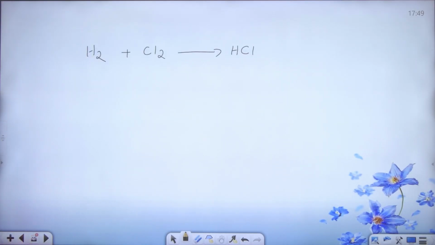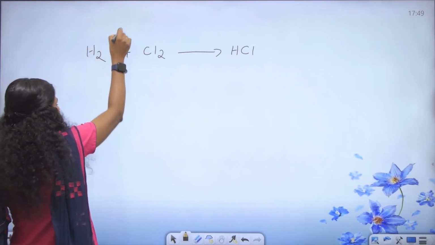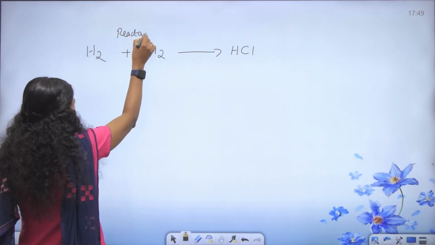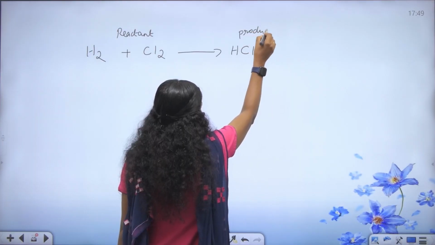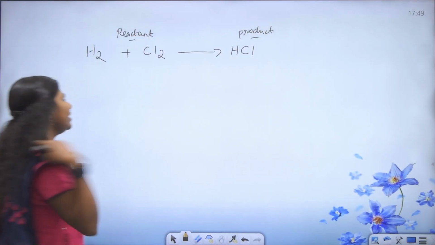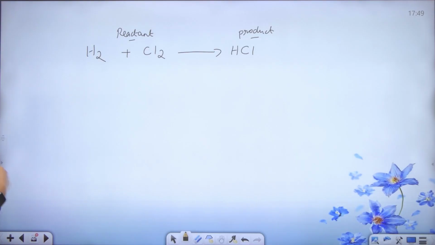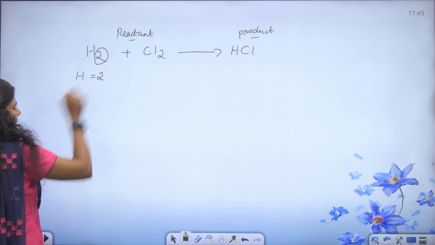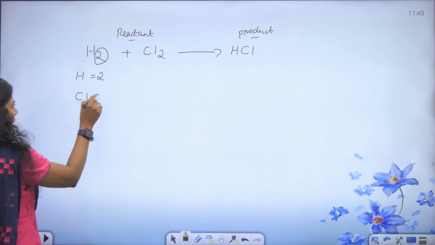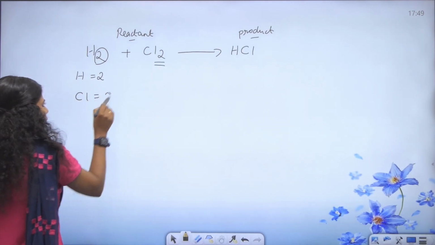Is this equation balanced or not? Check it. Here, hydrogen and chlorine are the reactants and HCl is the product. Then count the number of each atom. Number of hydrogen atoms is 2 and number of chlorine atoms is 2.